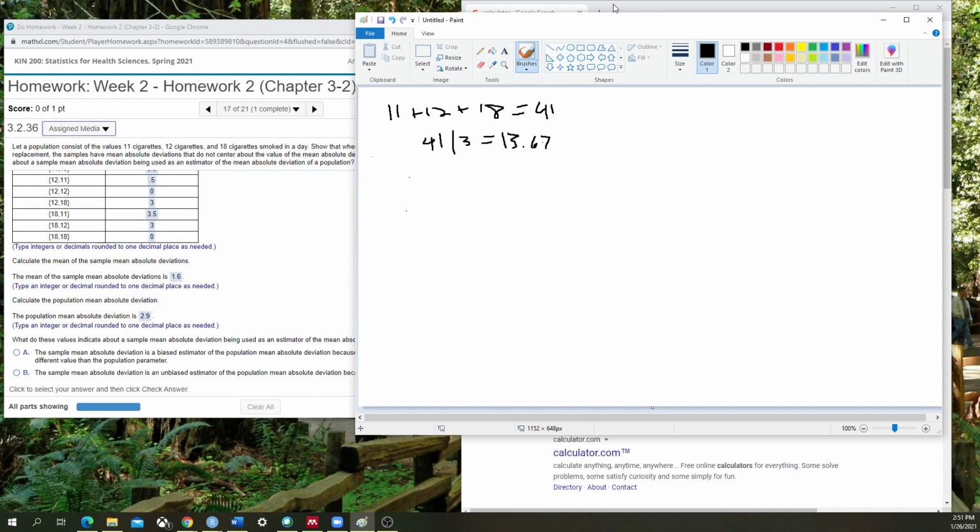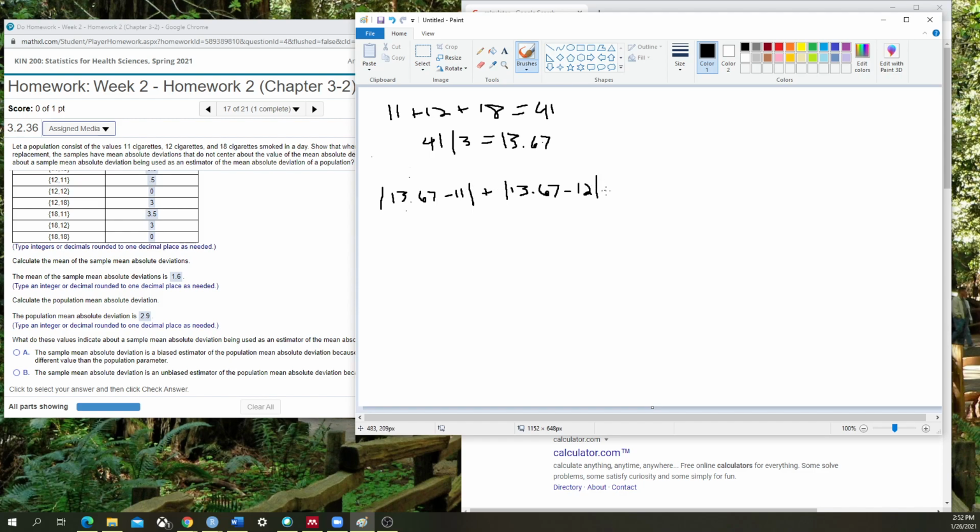Alright, now I'm going to calculate the absolute deviation of each of these numbers, 11, 12, and 18, from 13.67. So the long form formula for this is going to be the absolute value of 13.67 minus 11, plus the absolute value of 13.67 minus 12.